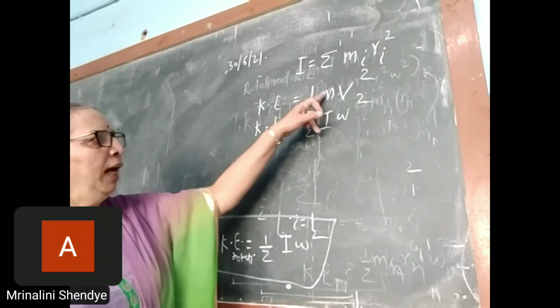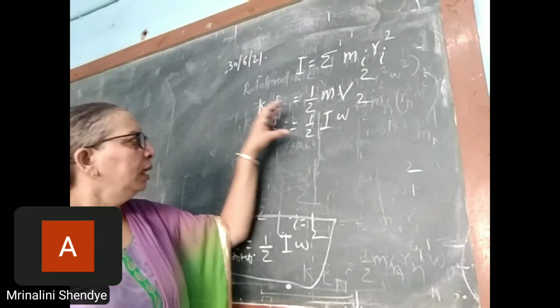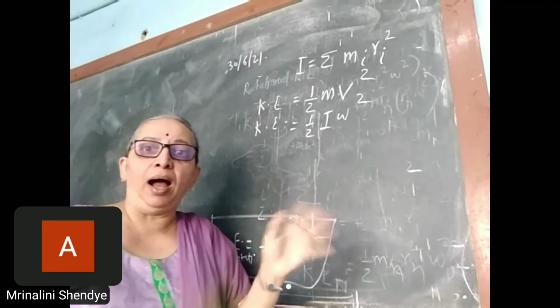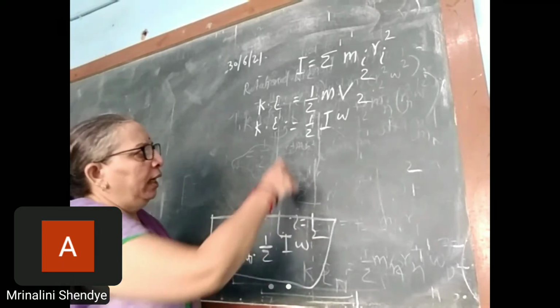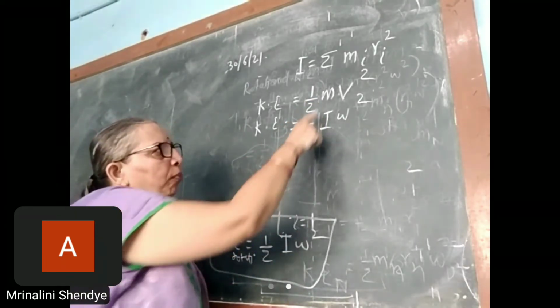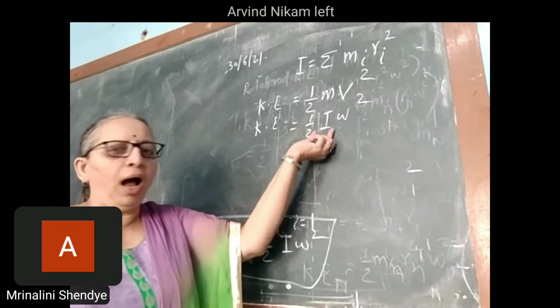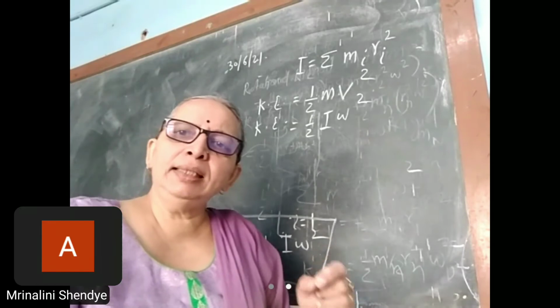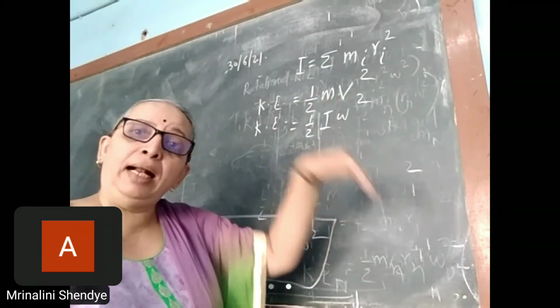So if m is replaced by I and v is replaced by omega, these two expressions are analogous. Analogous है इसलिए हम लोग क्या बोल सकते हैं, I should play the same role as that of mass in translational motion. So I क्या है, it plays the same role as that played by m in translational motion.